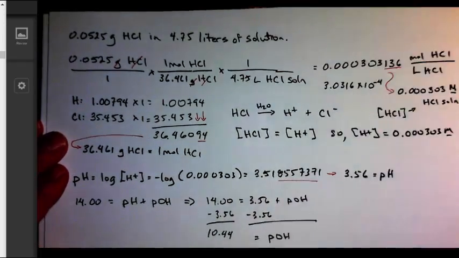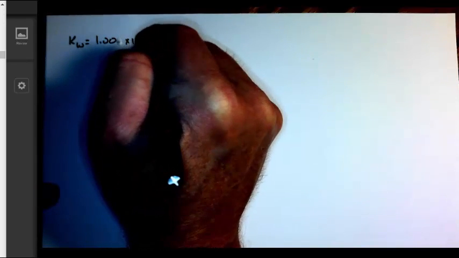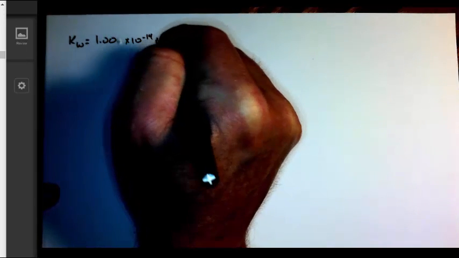And let's see how to do that going around just the other way. Since KW is equal to 1.00, whoops, now you can put 3 zeros there, but I didn't write it that way. We'll just make it 2 zeros after the decimal. 1.00 times 10 to the negative 14 molar squared.